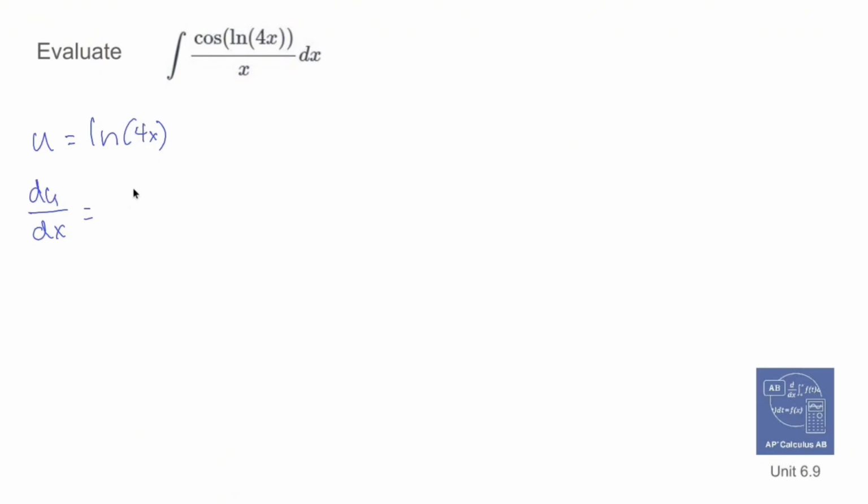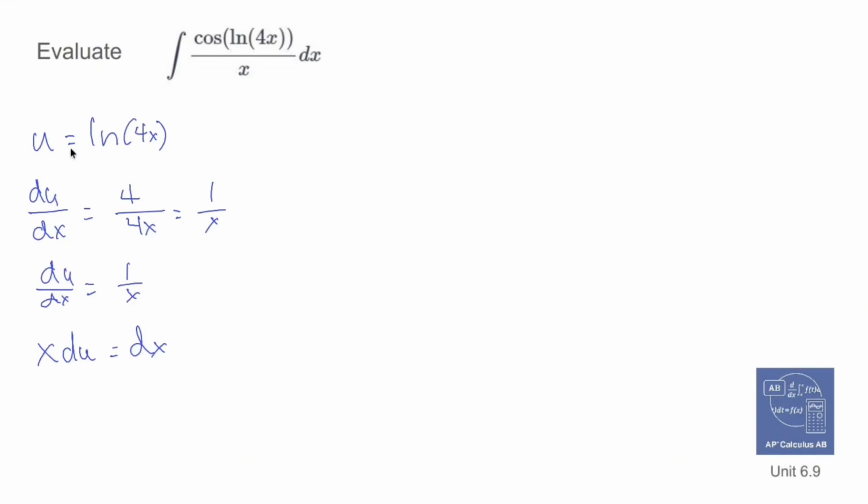Take the derivative of the outside, which is 1 over stuff, keep the inside, but then multiply everything by the derivative of the inside, which is 4. So the 4 comes up here. 4 over 4x simplifies to 1 over x. Easy peasy. So du dx equals 1 over x. Do some cross multiplying and we get x du equals dx.